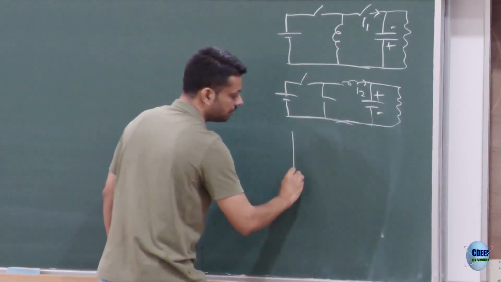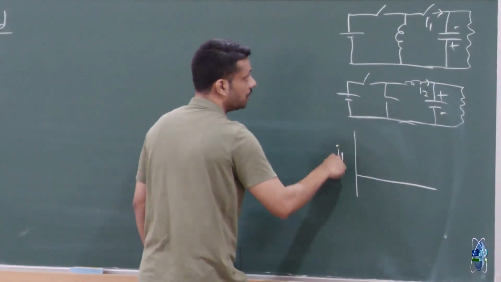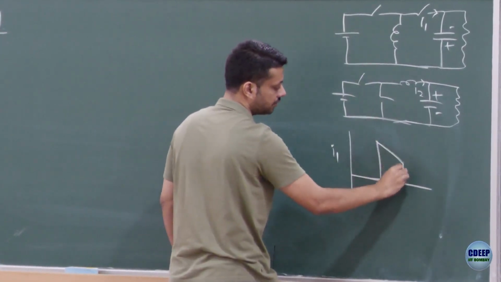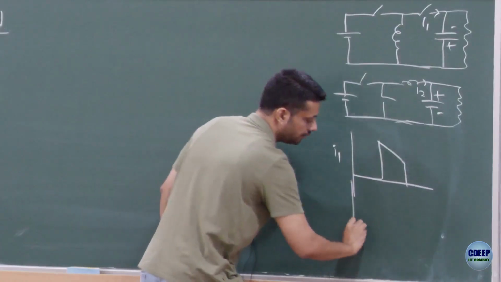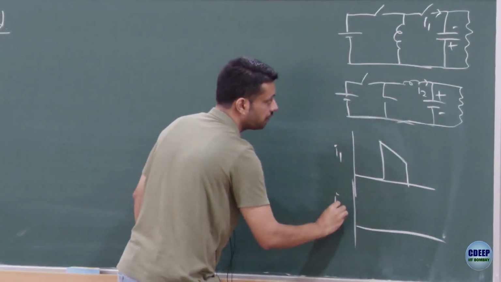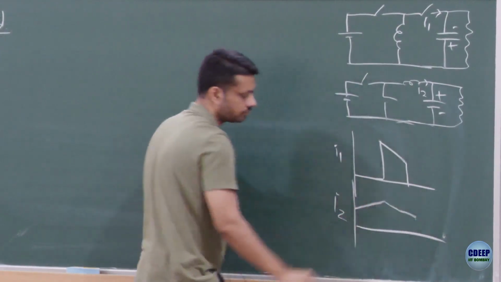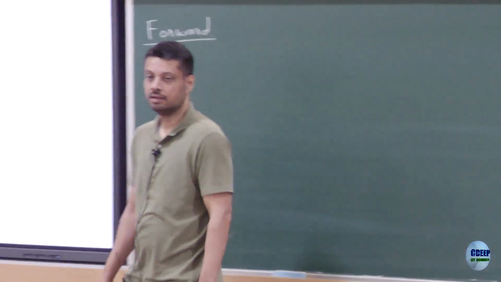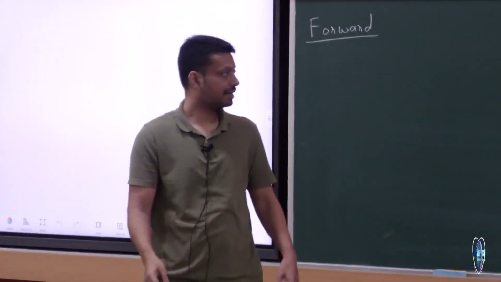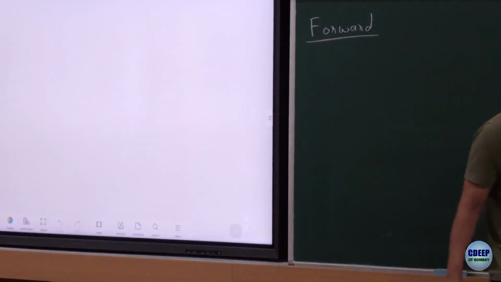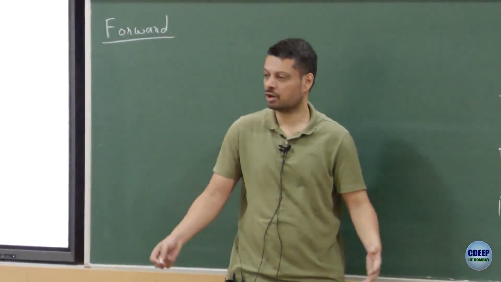So the I1 waveform would be, when the switch is on, I1 would be 0 and then it will be like this. On the other hand, the I2 waveform would be something like this. So by keeping a larger inductance value in a buck converter, you can ensure that I2 has a smaller ripple, which you cannot do in buck boost.